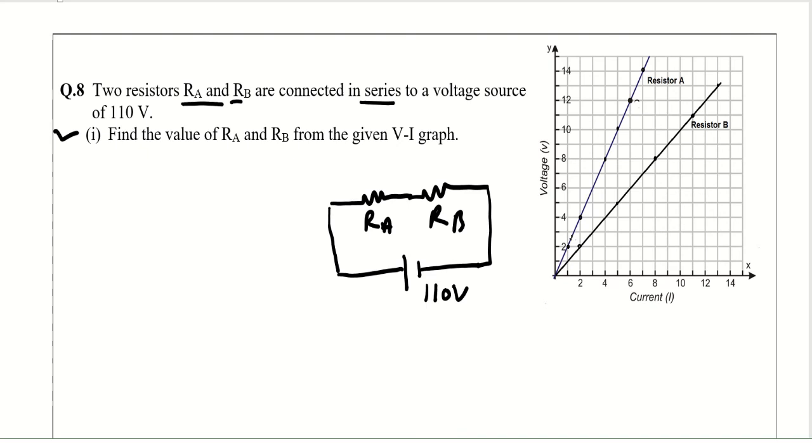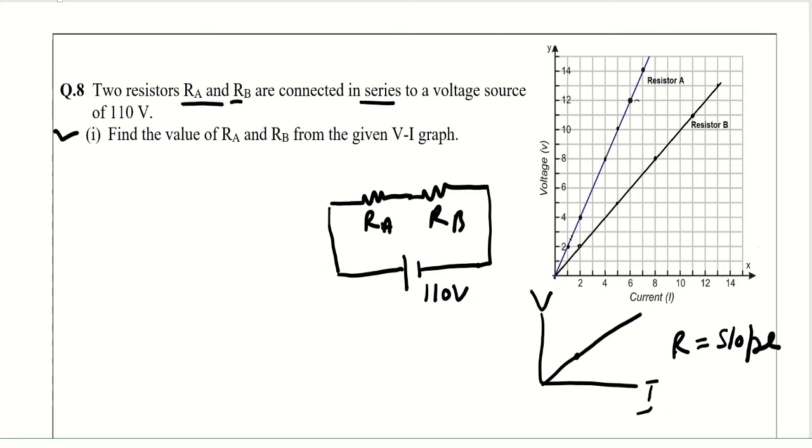If you have a VI graph with one line like this, and you are finding the value of R from this graph, then R is equal to the slope. So you have to find the slope of this graph.